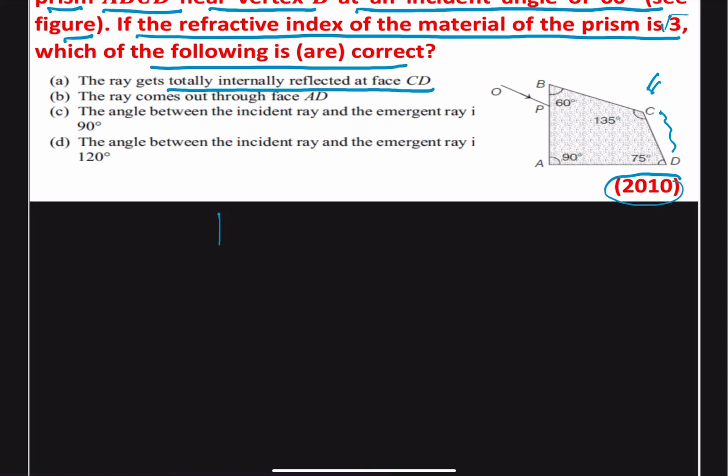So this is our figure, and we are given angle as 60. This angle is given as 135. This angle is 75, and this is our 90 degree.